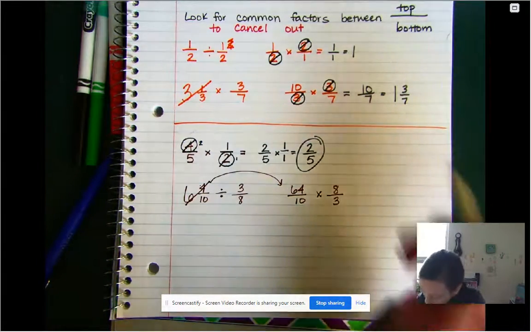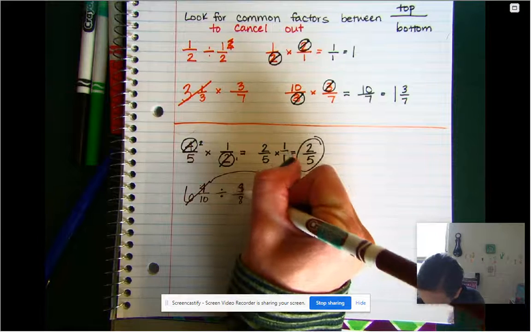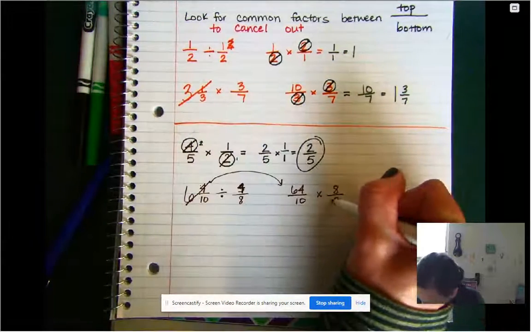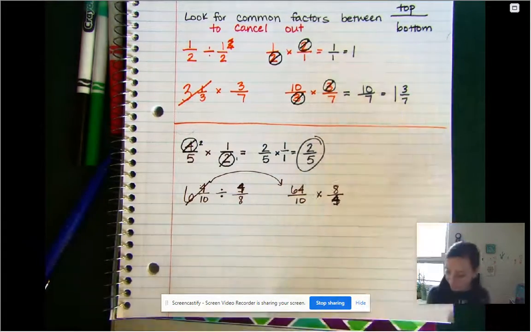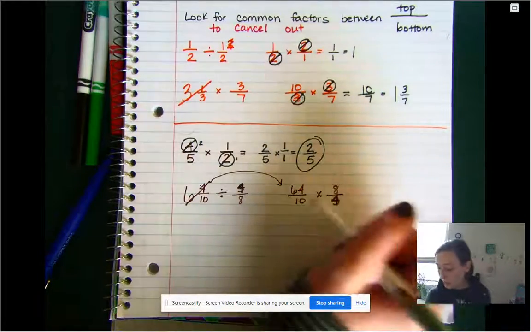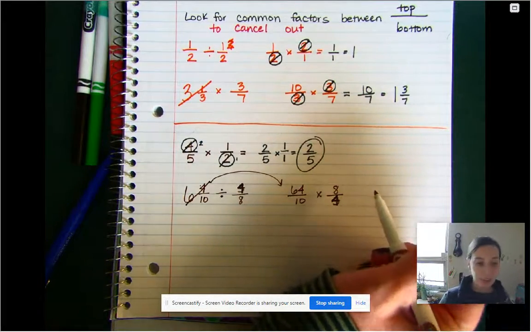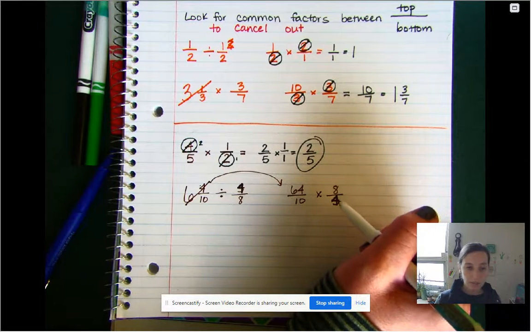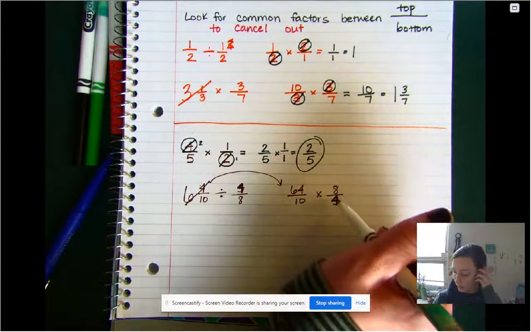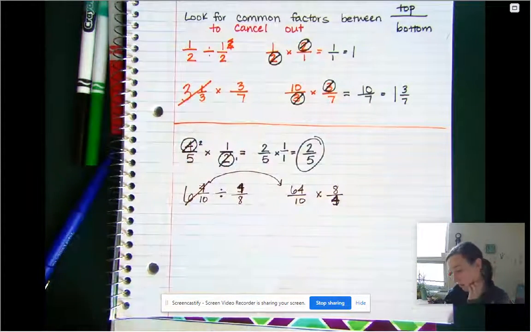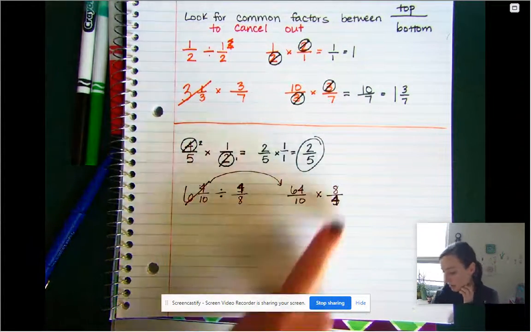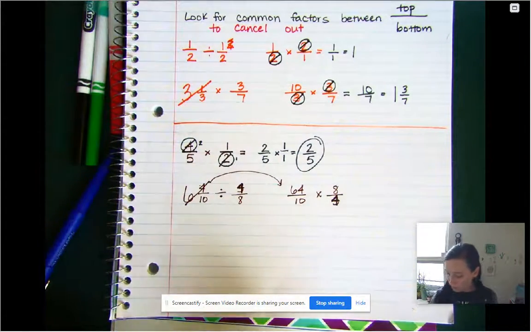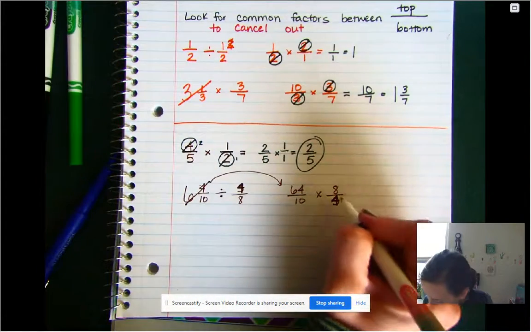Ignore this. Let's pretend that was 4/8. All right. So rather than doing 64 times 8 and getting some gigantic number, I can say, you know what? 4 is a factor of 8, or I can say it's a factor of 64. So I'm going to take 4 out as the factor I'm going to cancel.